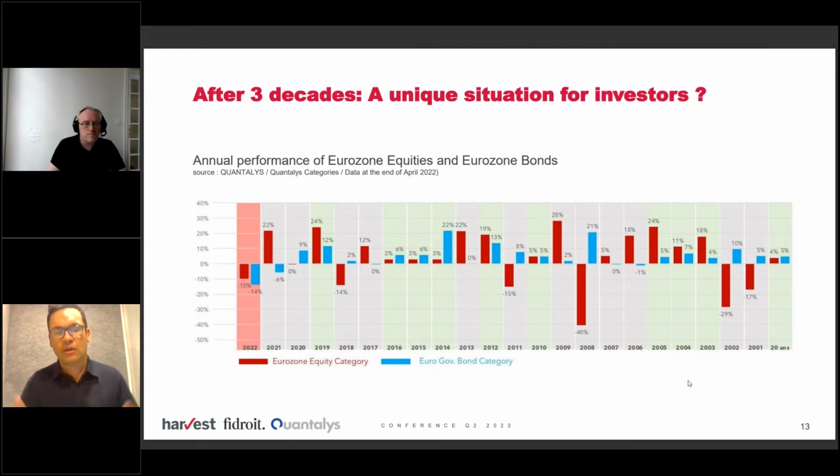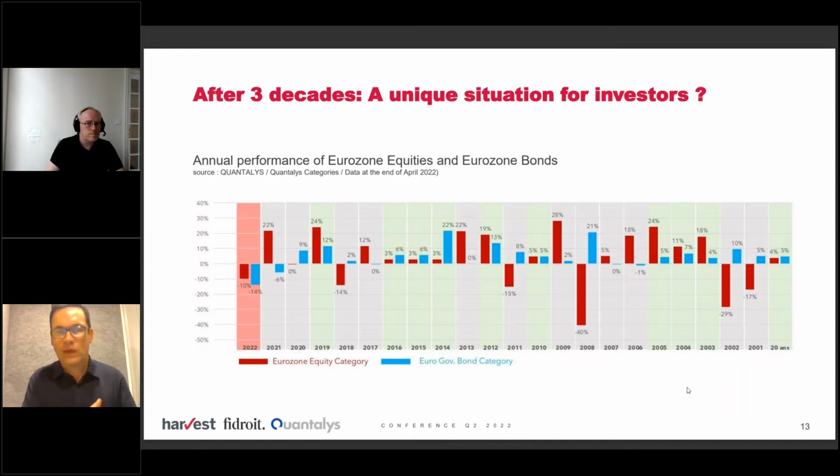And so you understand perfectly that the allocation, the diversification with equity plus bond, is over. The buy and hold strategy is really difficult. And now you have to find sources of diversification, sources of return, and to be certainly more tactical.